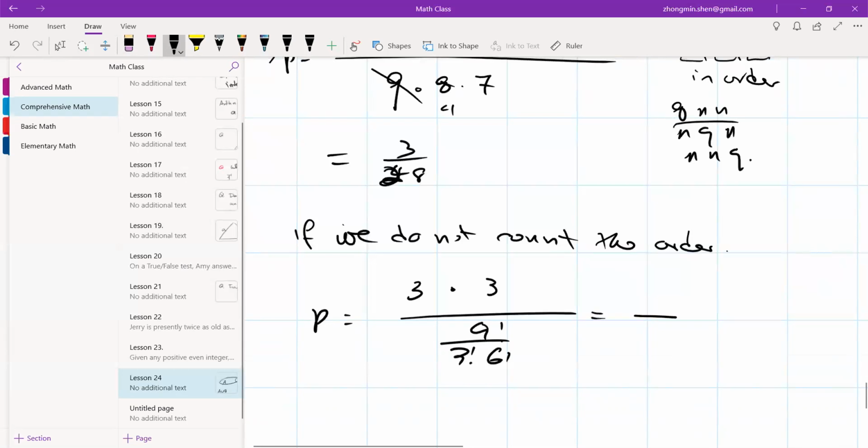So it'll be 3 over 7, 8, 9 divided by 6.